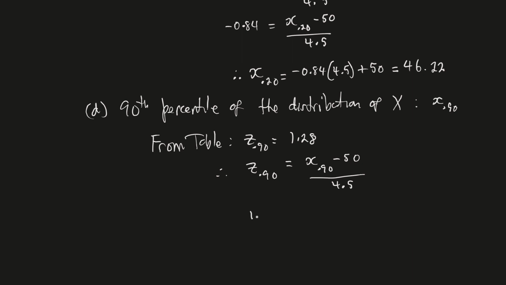So we're going to take the 1.28, multiply it by the 4.5, add the 50, which is our mean, and that's going to be the 90th percentile of the distribution of x. And so x sub 0.90 is equal to 55.76.